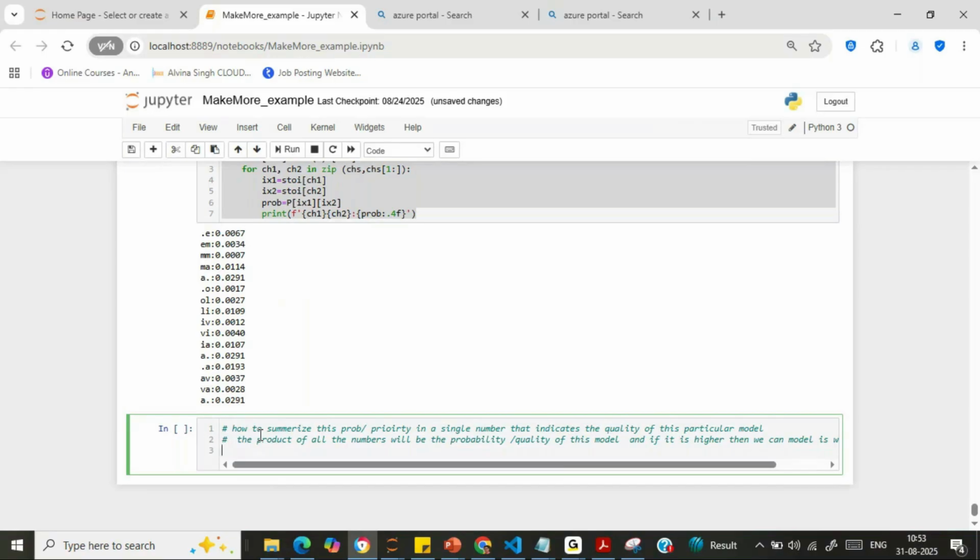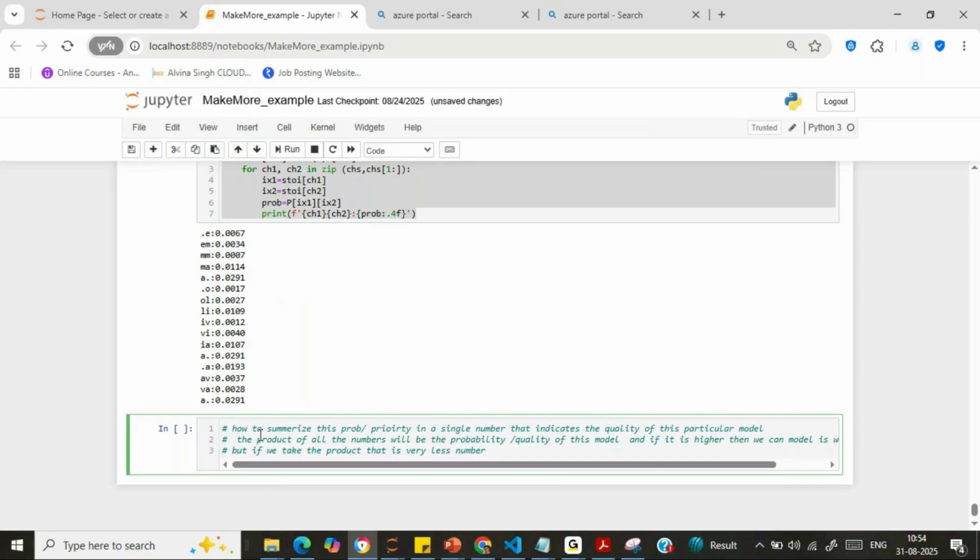But if we take the product, that is a very small number, very small number, we will see.